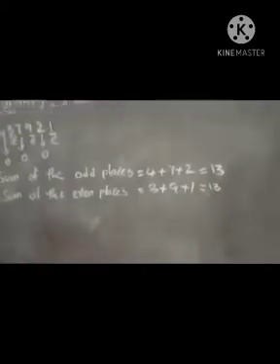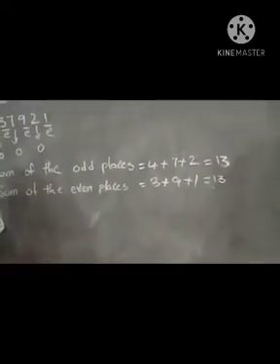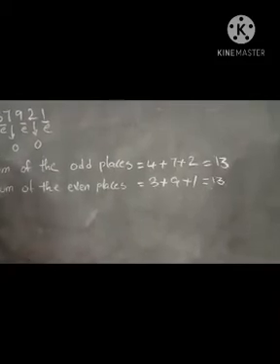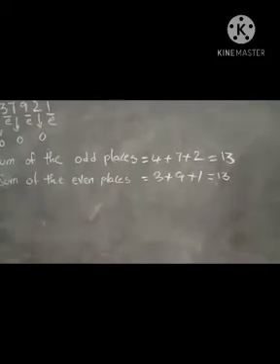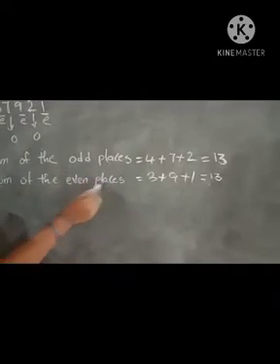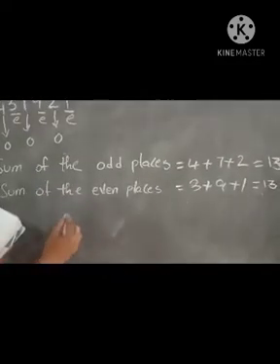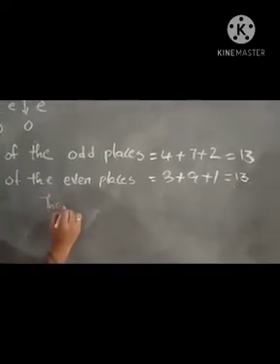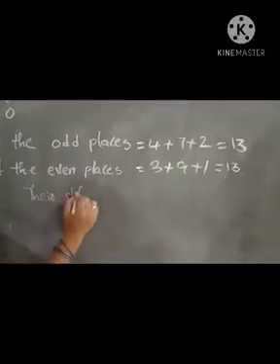Again what we have to do here children is the difference between the odd places and even places. Difference means subtraction. See here, their difference.